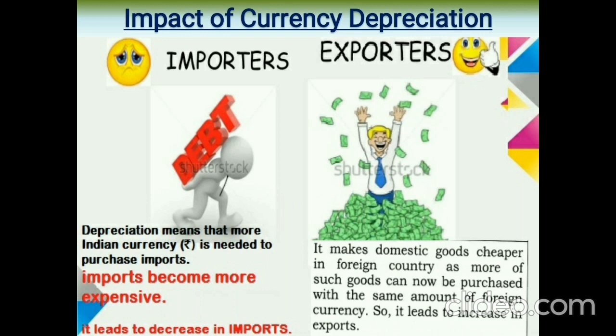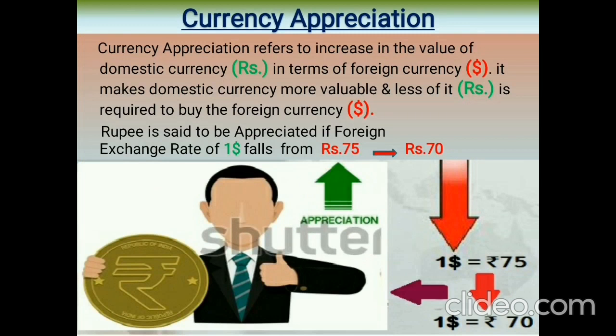So after currency depreciation, we move to currency appreciation. Here we take the same example of USD and Indian rupee. Indian rupee is the domestic currency and USD is the foreign currency. Currency appreciation refers to an increase in the value of domestic currency in terms of foreign currency.